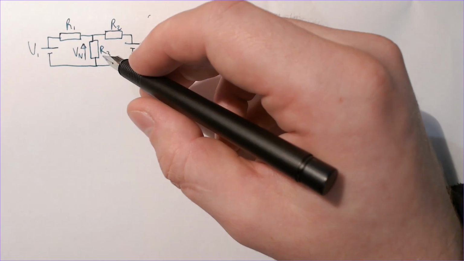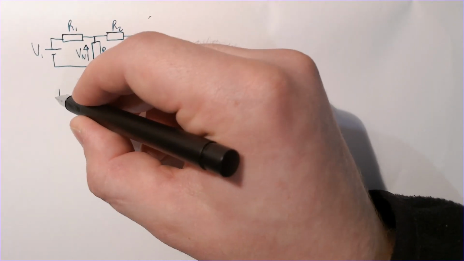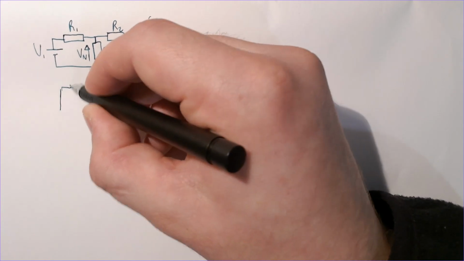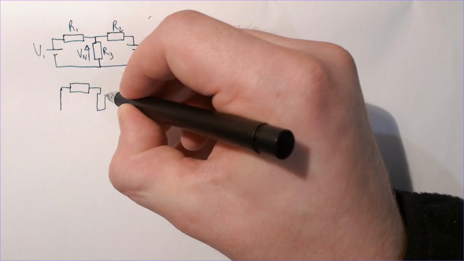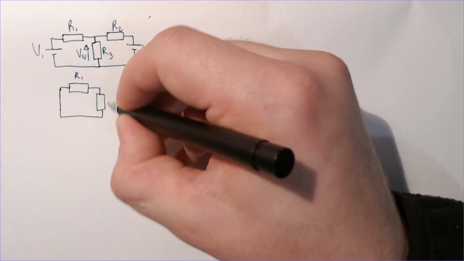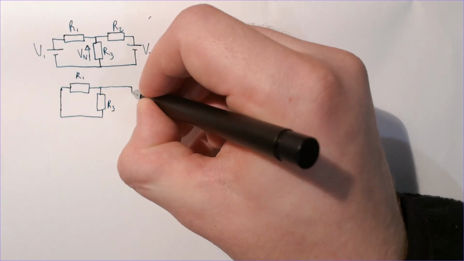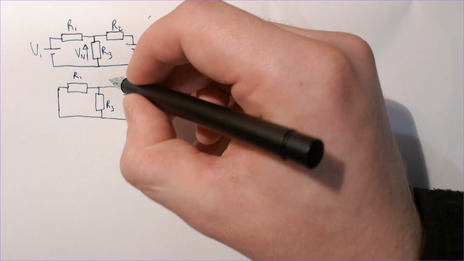So this circuit can be redrawn like this, with a short circuit instead of that V1, leaving only V2 and R2.